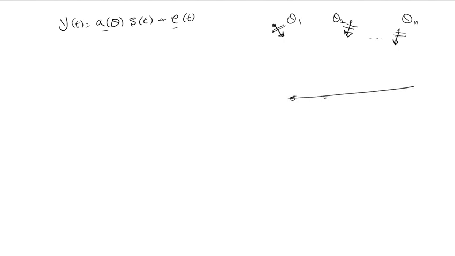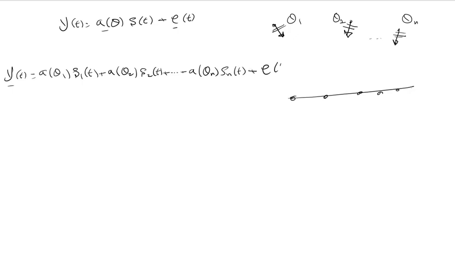In this scenario, superposition holds, so I can simply write y(t) equals a(theta 1) s1 plus a(theta 2) s2 plus a(theta n) sn plus the noise vector.